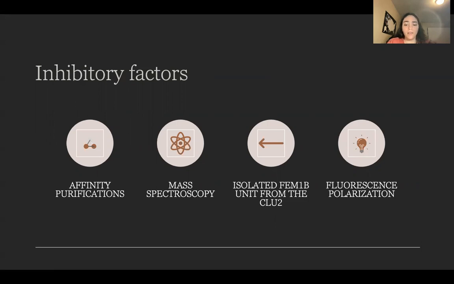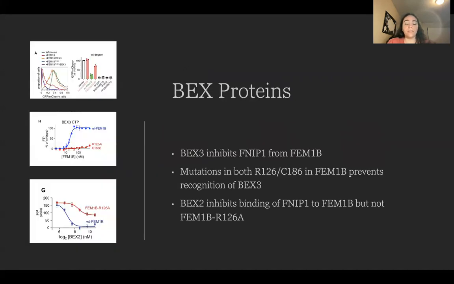So using affinity and mass spec, they isolated the Fem1b unit from the CUL2 and then finalized their findings with fluorescence polarization. And this established that the R126 is critical for recruiting an inhibitor of ROS signaling. This inhibitor is Bex proteins.